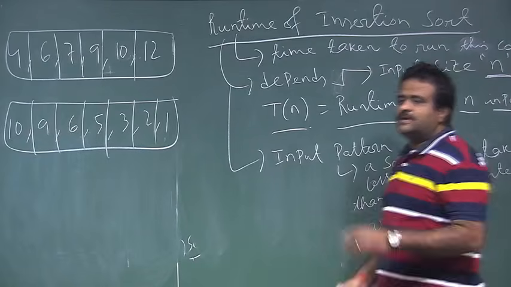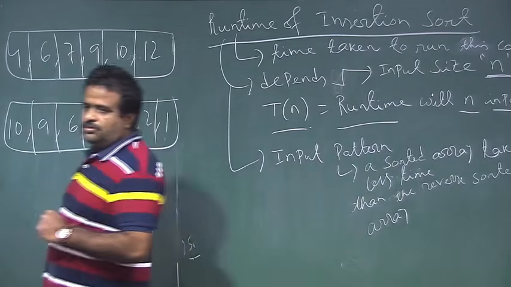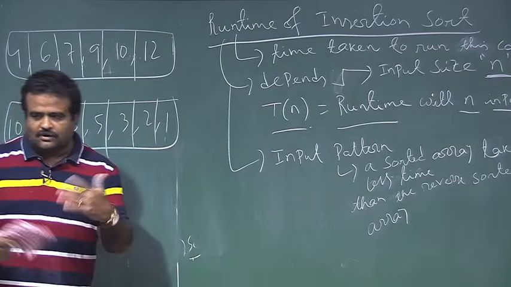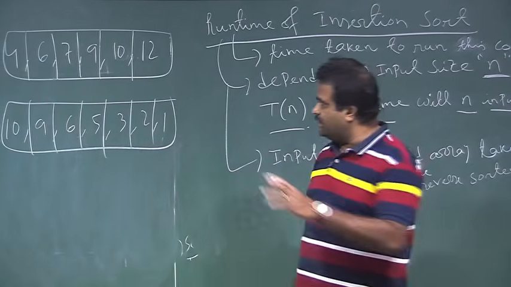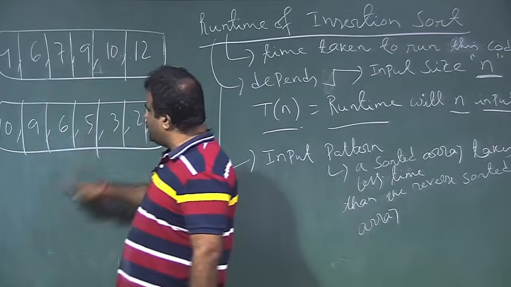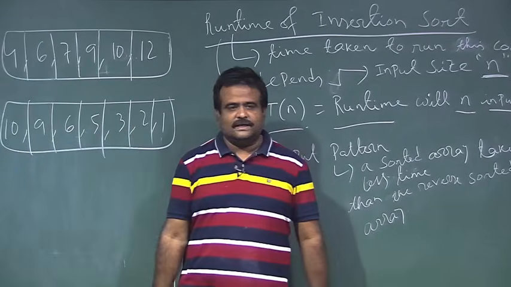So, runtime will depend on the pattern of the input. If an array is already sorted, then it will take less time. If an array is reverse sorted, it will take more time, because everybody has to come forward in that case.